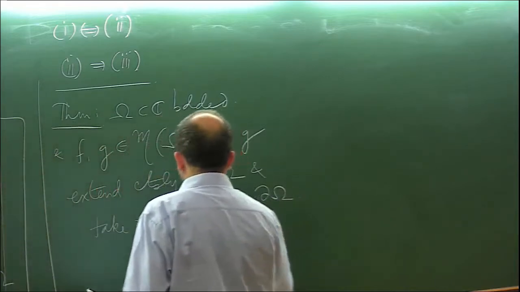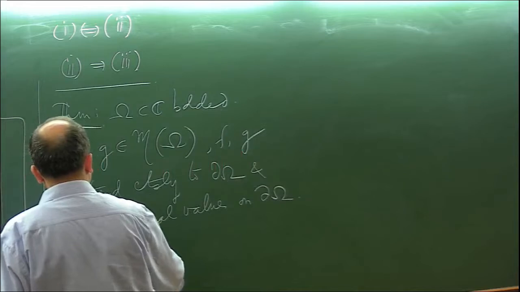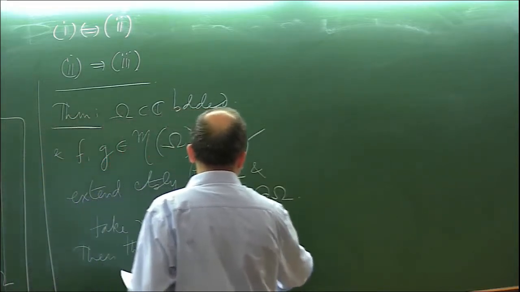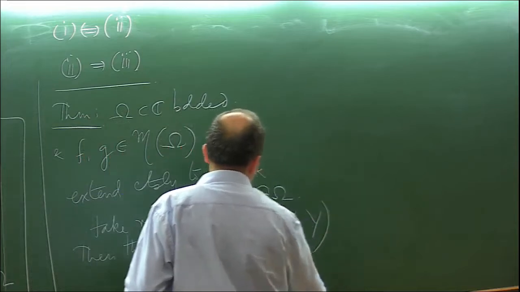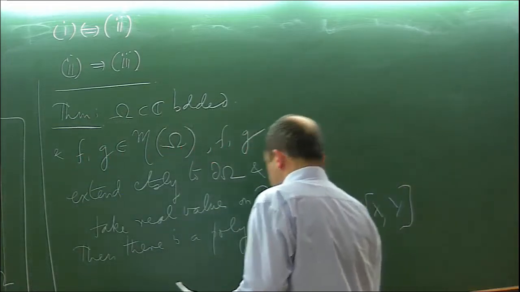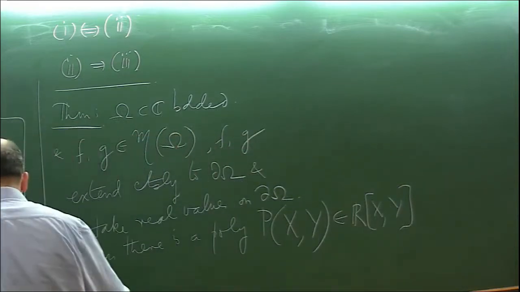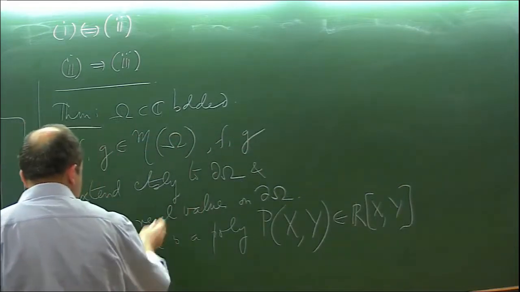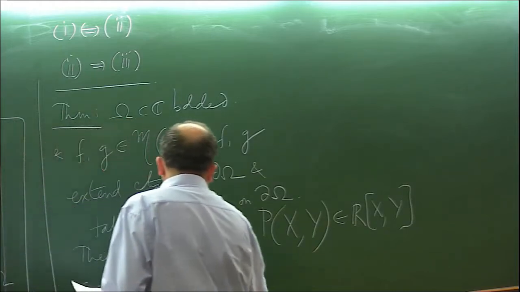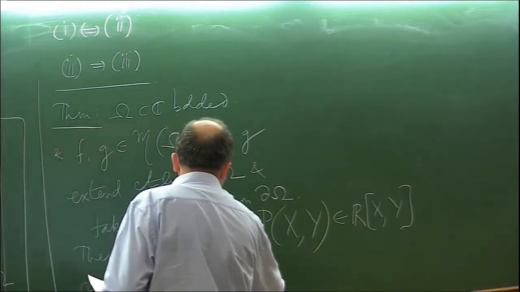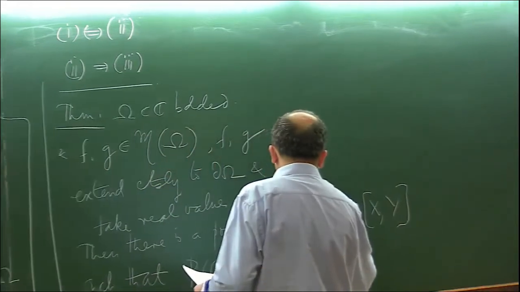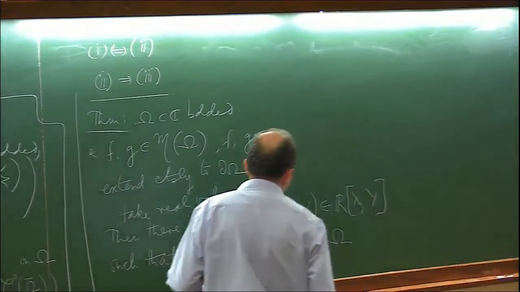Then there is a polynomial in the indeterminates x and y with real coefficients such that P of f of z, g of z is identically equal to 0 on the domain omega.